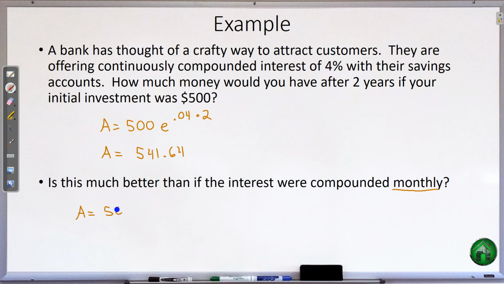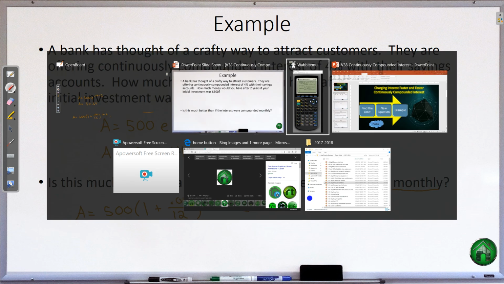So here's our long compound interest formula. 1 plus the rate, which is 0.04, divided by, if we're compounding monthly, 12, to the power of 12 times our 2 years. Is that really going to be that much different? Well, let's see.